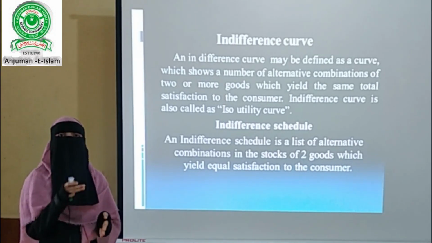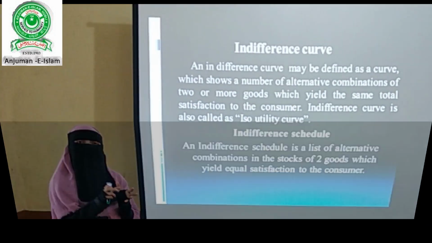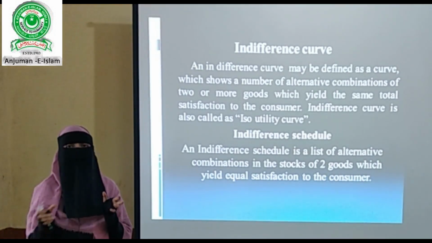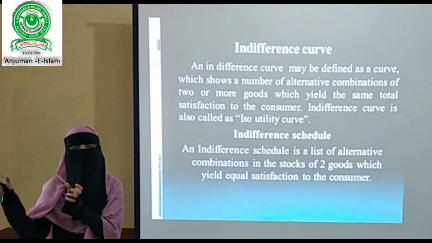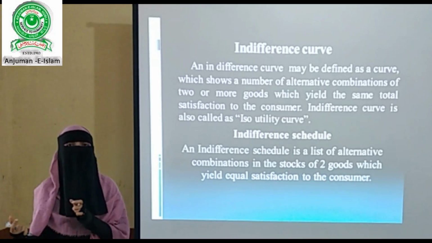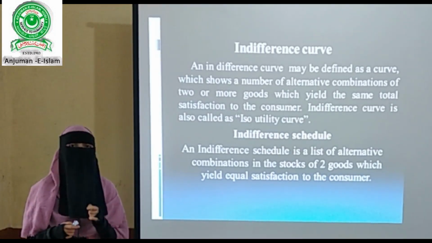That's why it is called an iso-utility curve. Again we are going to see it with the help of a graph, which shows the quantity of various units of two commodities which give the equal level of satisfaction to the consumer.